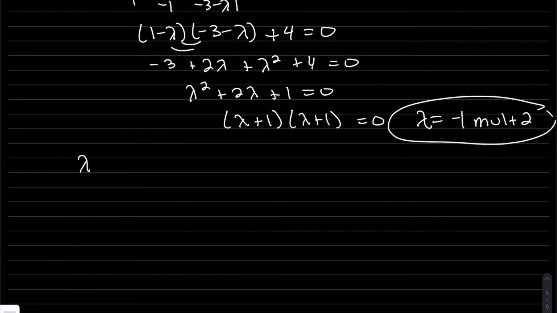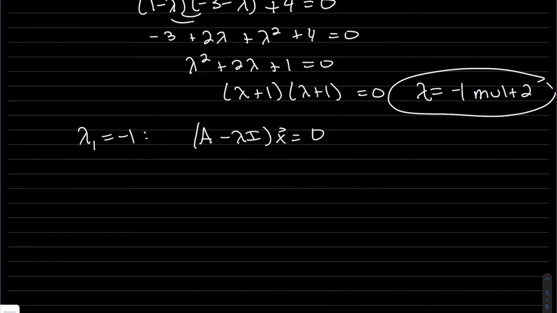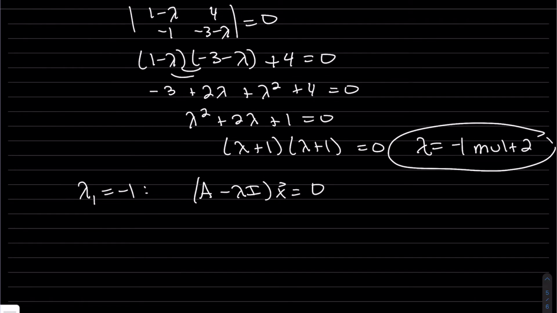And so we plug in the normal way, A minus lambda I x equals 0, solve for it. I'm just going to go ahead and augment that. This is the same A minus lambda I, but determinant. So here we'll augment it. We're plugging in negative 1. And like I said, we're augmenting.